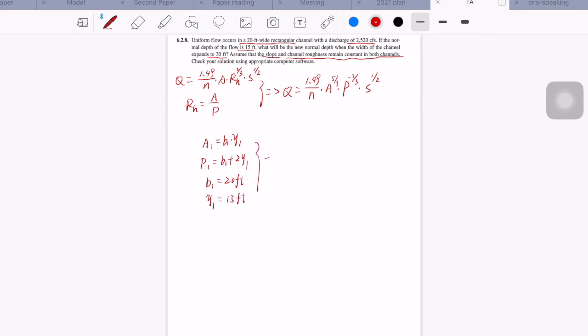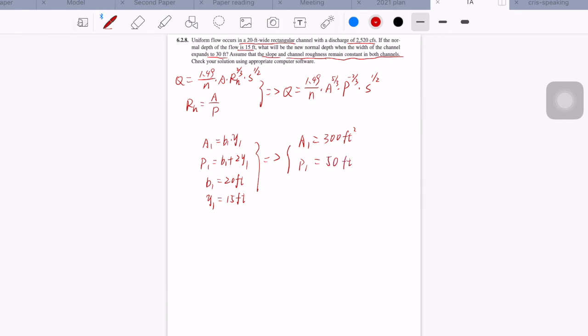So we can get that A1 equals 300 square feet, and P1 equals 50 feet.